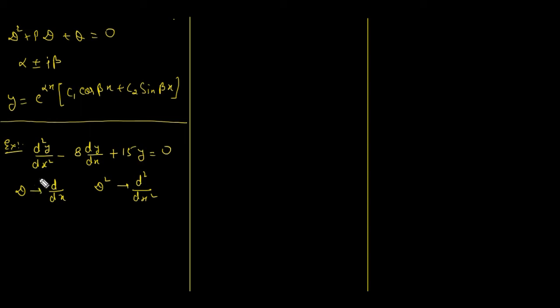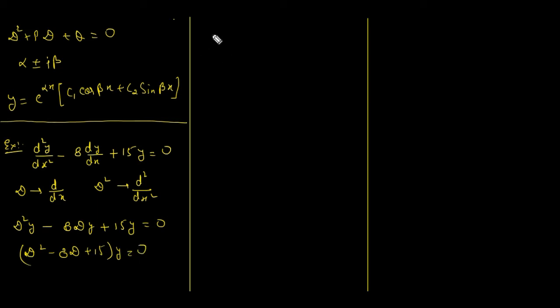So the given equation will become D square y minus 8 Dy plus 15y is equal to 0. So D square minus 8D plus 15 into y is equal to 0.